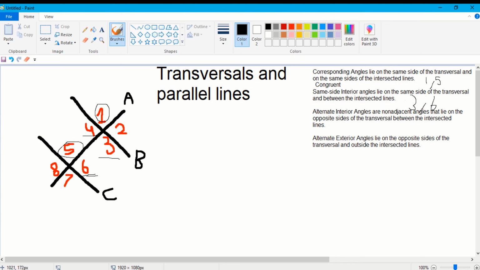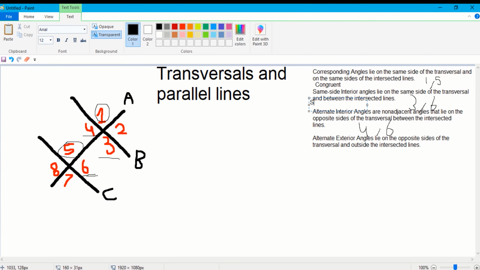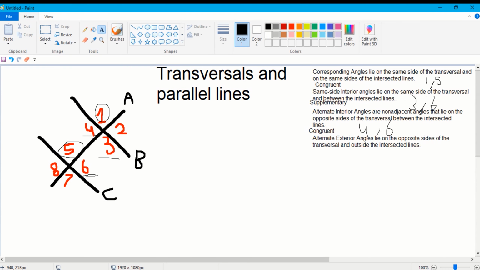So we'll just put 4 and 6 here. Oh yeah, I forgot. Supplementary and congruent here.